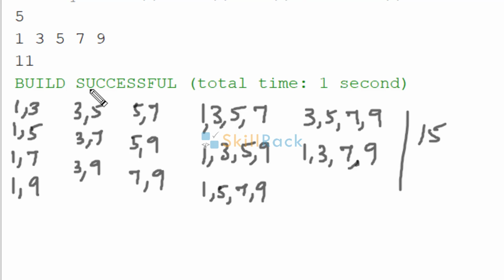Because 1 plus 7 and 3 plus 5 gives 8. Okay, so the only one is considered. Similarly, 1 plus 9 is same as 3 plus 7. Similarly, 3 plus 9 is equal to 5 plus 7. Similarly, 7 plus 9 is equal to 1 plus 3 plus 5 plus 7. Okay, so 4 additional things have been eliminated and hence 11 is coming as the answer.